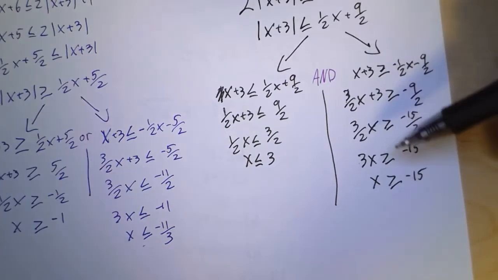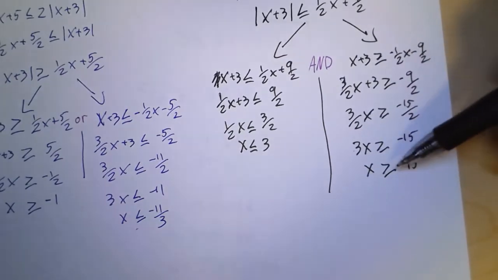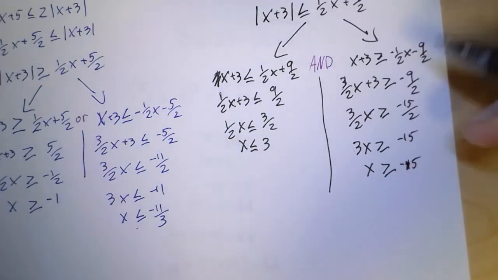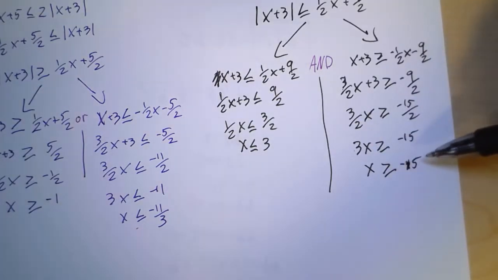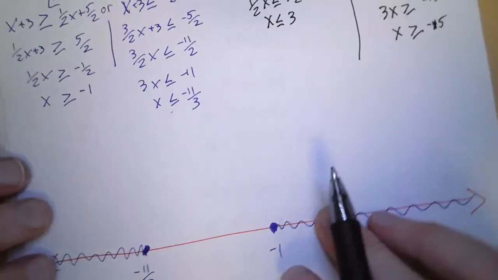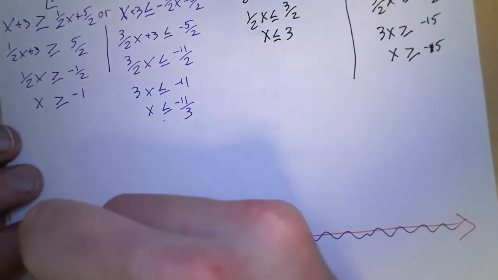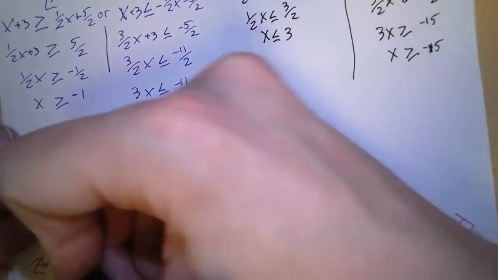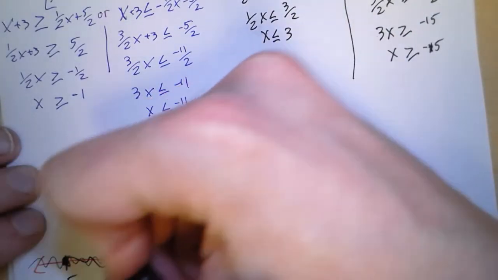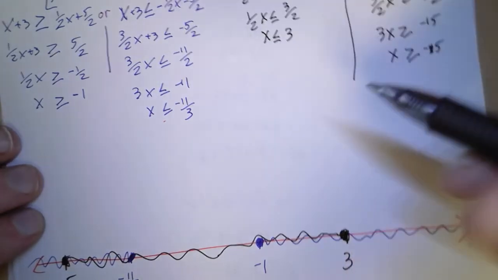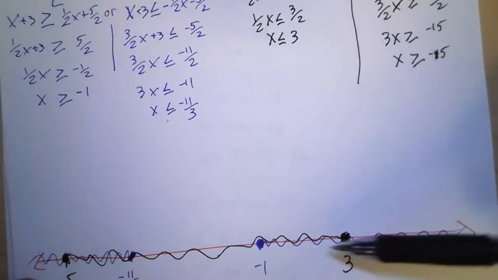Now, we're looking for all the numbers that fit both of these. So x is greater than or equal to negative 5 and less than or equal to 3. On our number line, we put negative 5, we put positive 3. So this is the part of our number line that is shaded for the part in black.